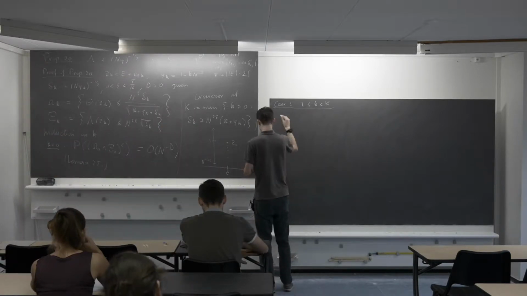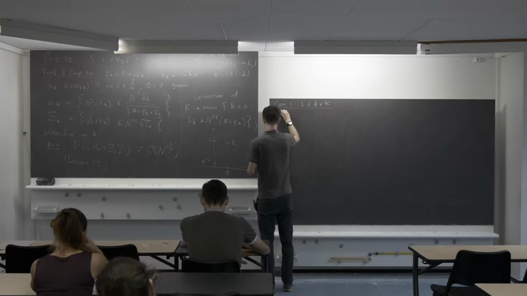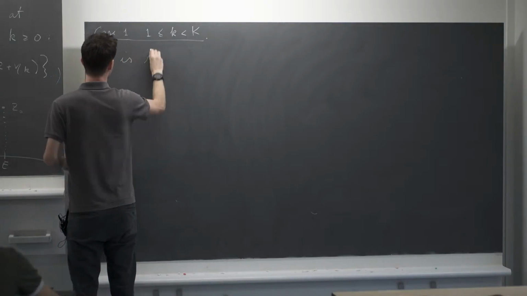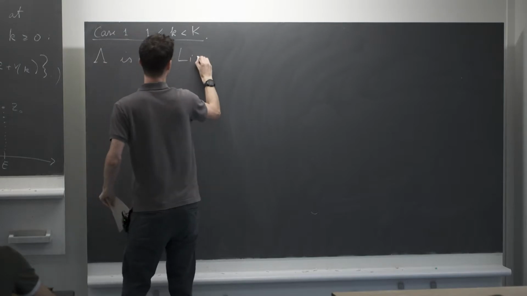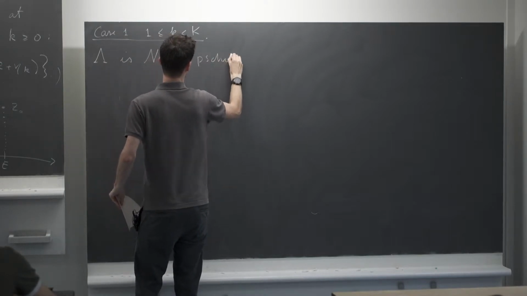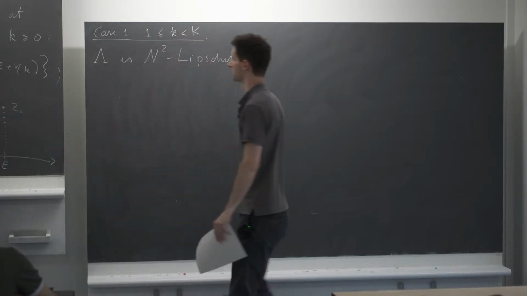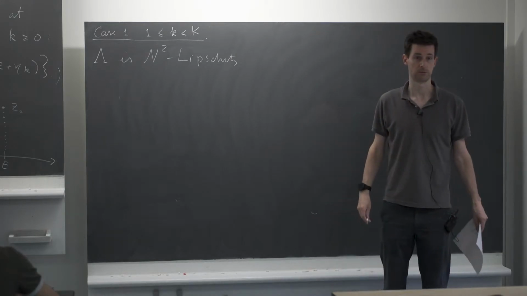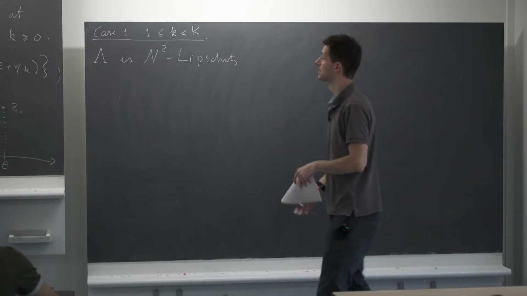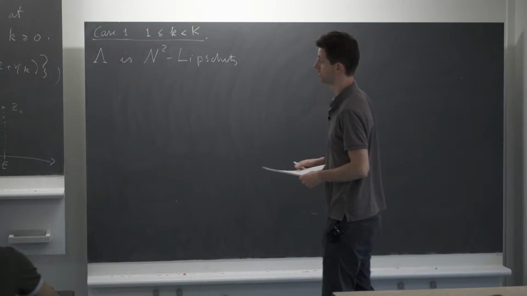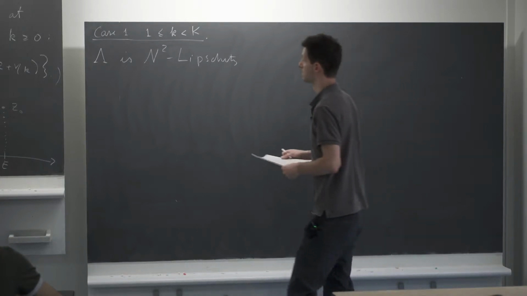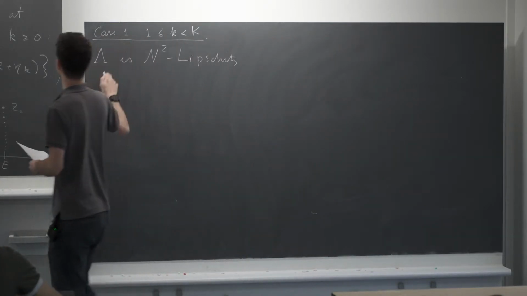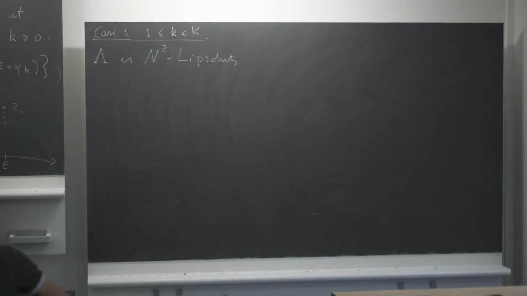So let me start with this observation. This lambda is n squared Lipschitz, simply because it's a Stieltjes transform of a probability measure, as long as eta is greater than or equal to 1 over n. Well, it's not a Stieltjes transform, it's the difference between Stieltjes transforms.